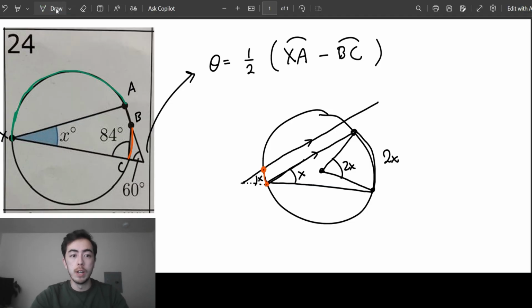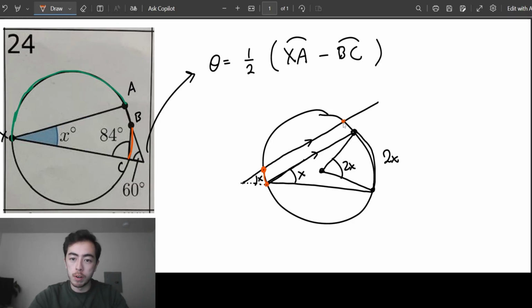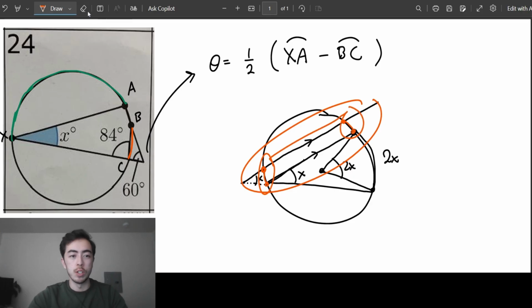And interestingly, this minor arc is symmetrical to this other minor arc over here. And my justification here is that these are parallel lines, and so this distance and that distance should be the same because of those parallel lines.